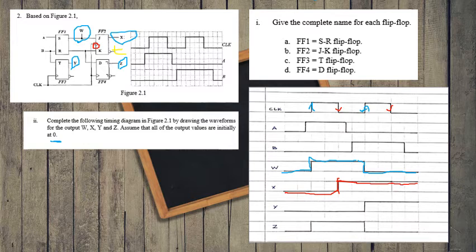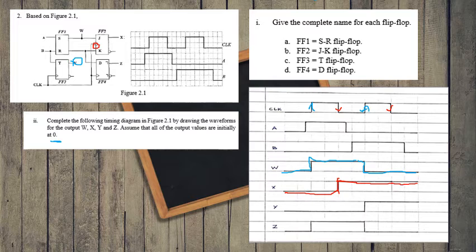For the T flip-flop, to find the output Y, the input T is the same as the B. So when B is low, the T is low. It will input the T as 0.